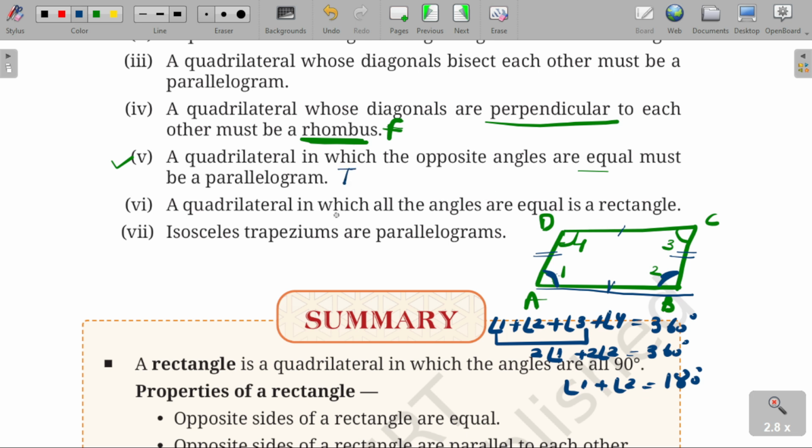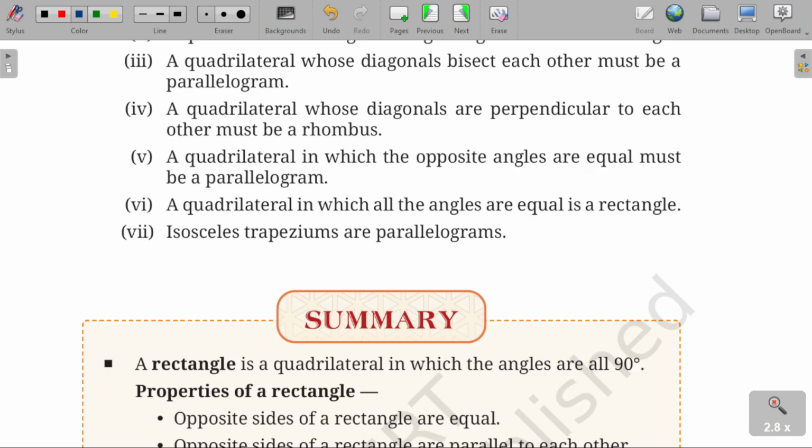They are a parallelogram. Sixth part, a quadrilateral in which all the angles are equal is a rectangle. So this statement we need to prove. Say this is a quadrilateral, where all the angles are equal.